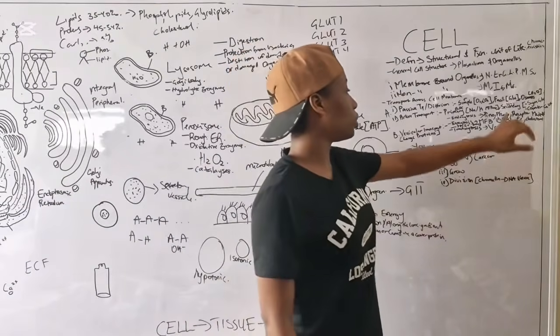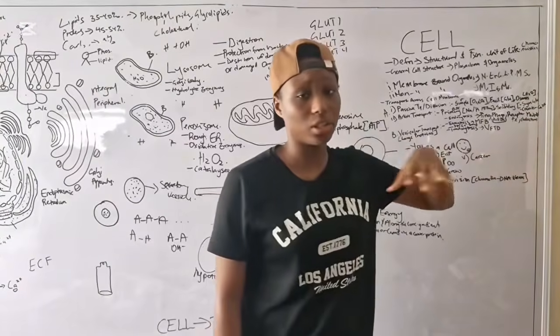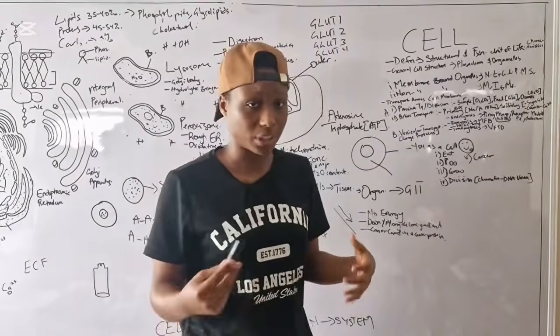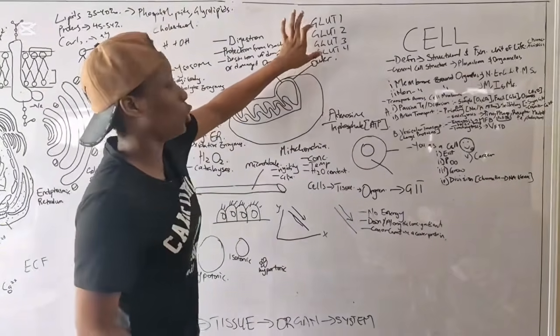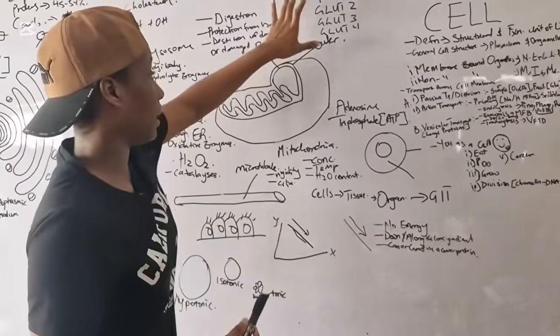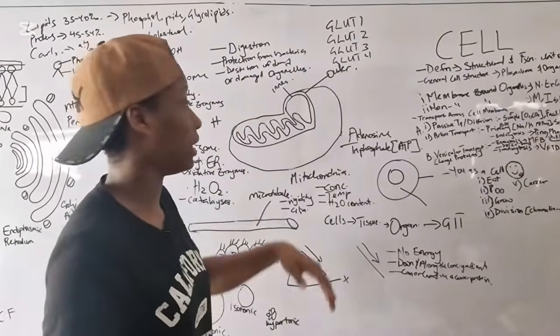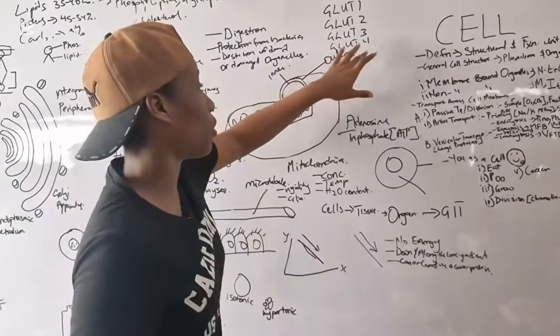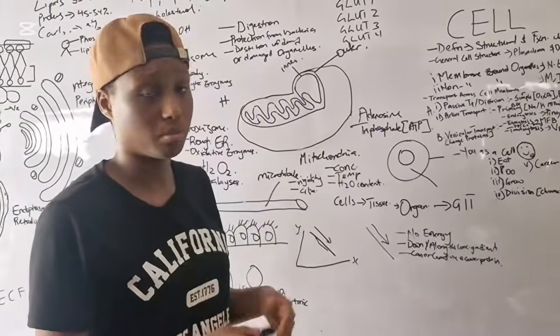An example of a molecule transported via facilitated diffusion is glucose, for example our glucose transporters, GLUT1, GLUT2, GLUT3, and GLUT4. GLUT1 is majorly in red blood cells and in the placenta, and GLUT4 is majorly in adipocytes or muscle cells.